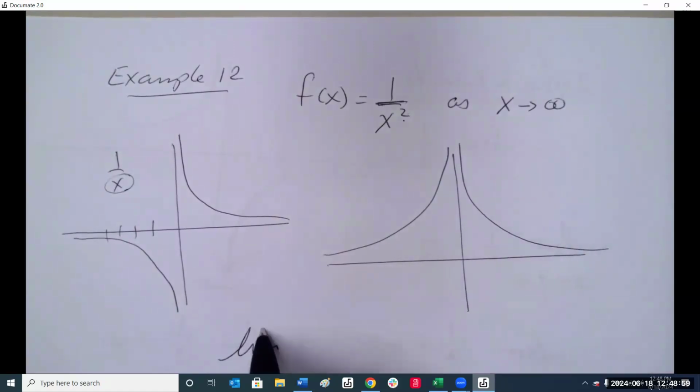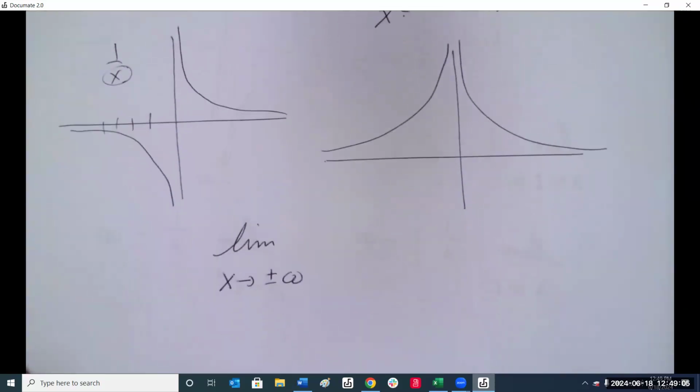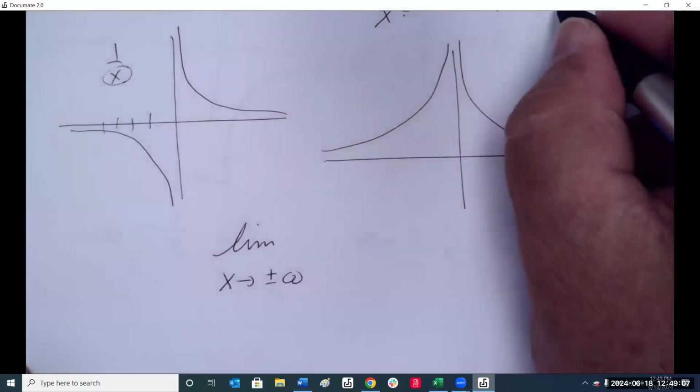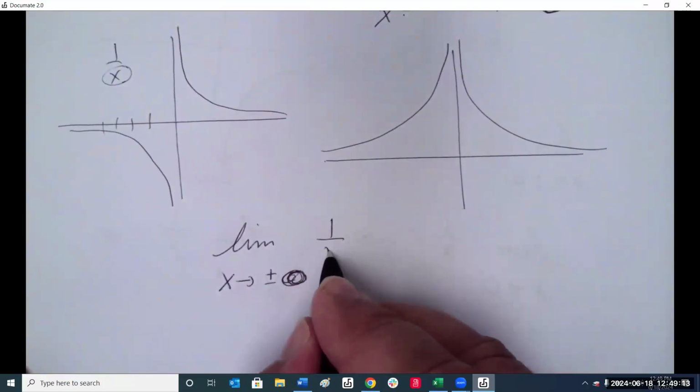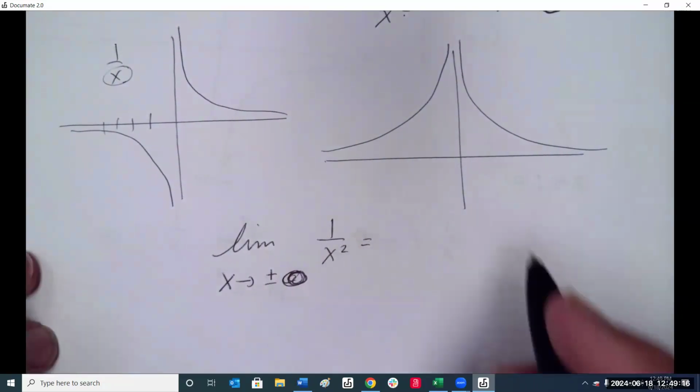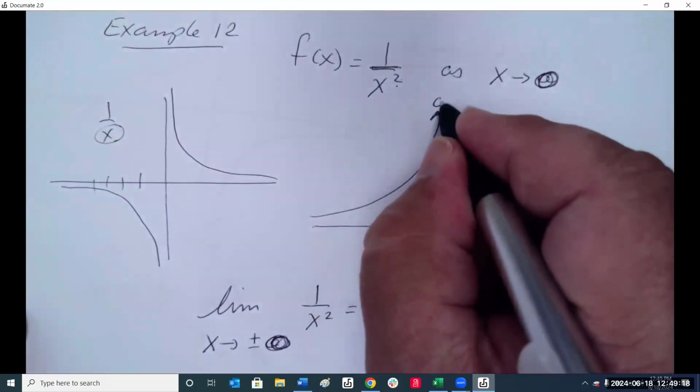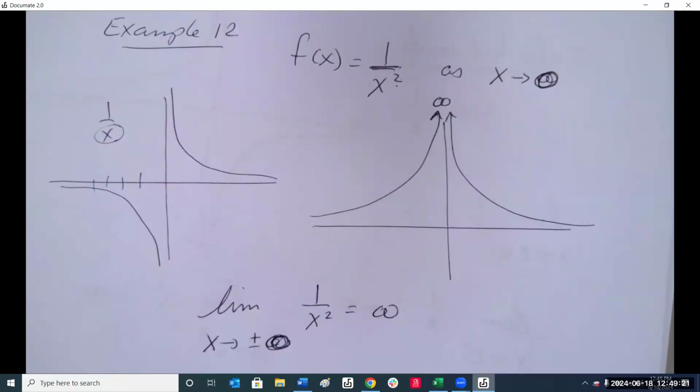So the limit as x approaches positive and negative infinity is going to zero. They both approach the same value, which is infinity. Why? So as x approaches zero from both sides, they both go to positive infinity.